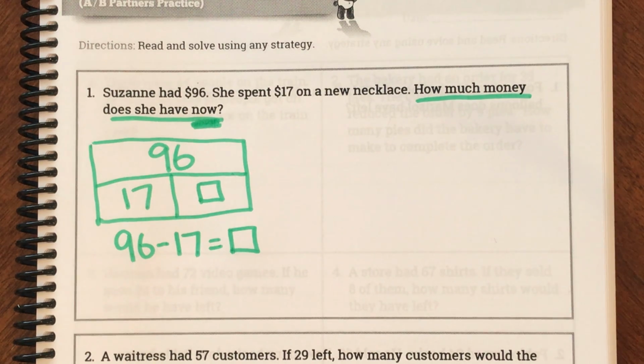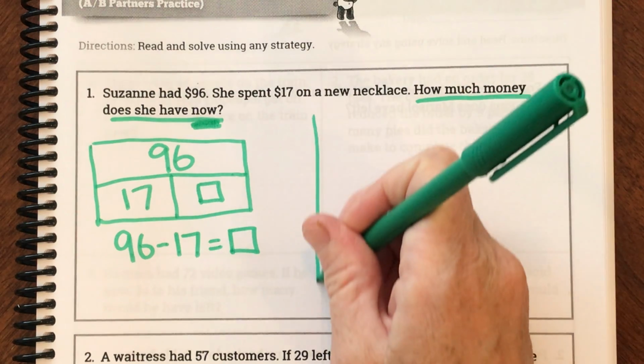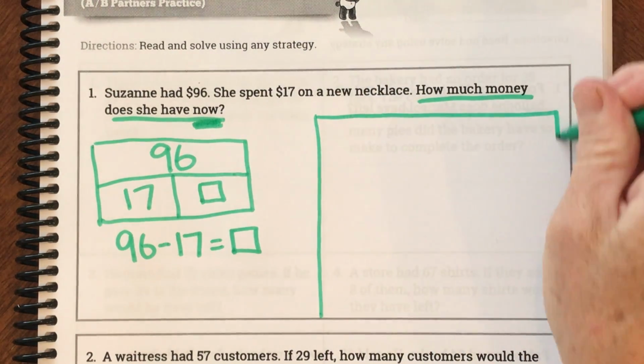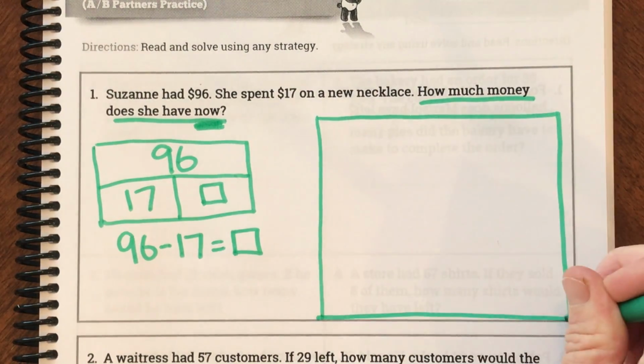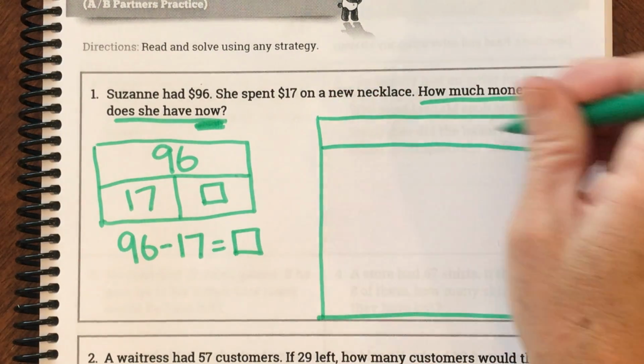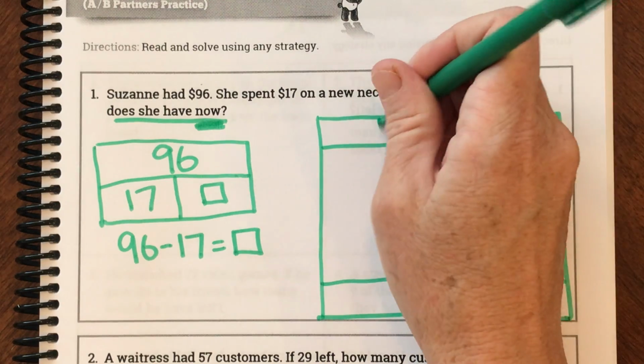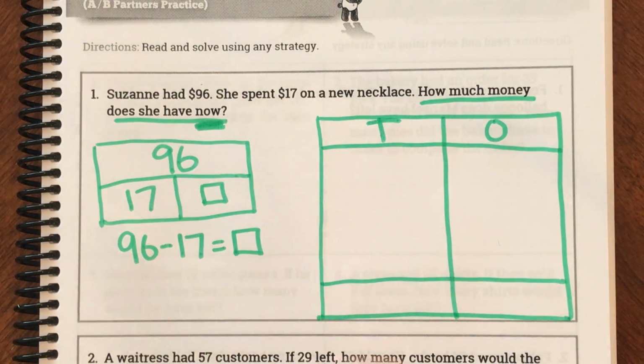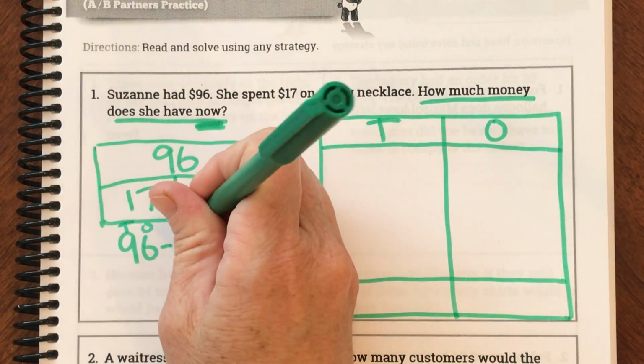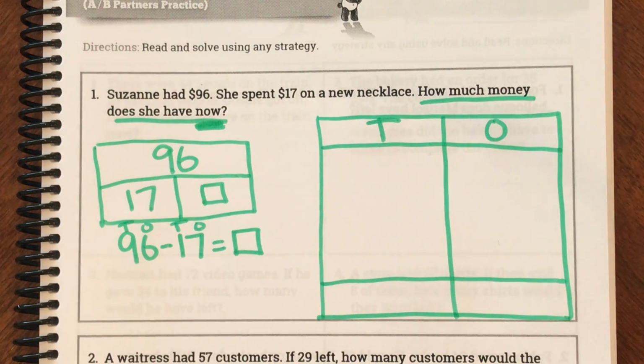Okay, so let's use the place value strategy on this one. Ready? I'm gonna draw a large box. We only need 1s and 10s because we don't have any hundreds. So we're gonna write them.